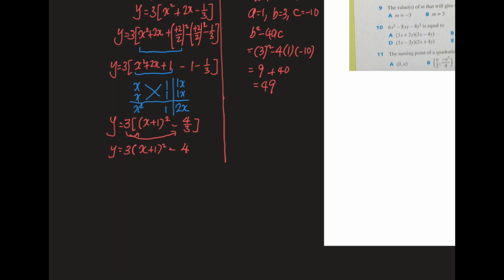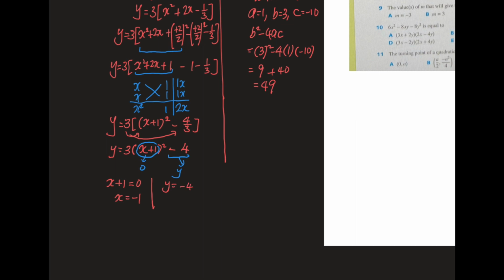Completing the square, we have done, and we are looking for a turning point. To get the x, we let the bracket equal to 0. And this is the y. Now let's see. We take the bracket, x plus 1 equal to 0, and then x equal to minus 1. We get the x.